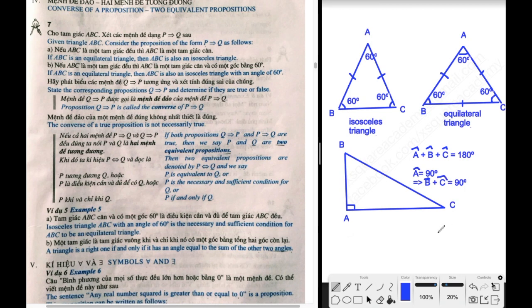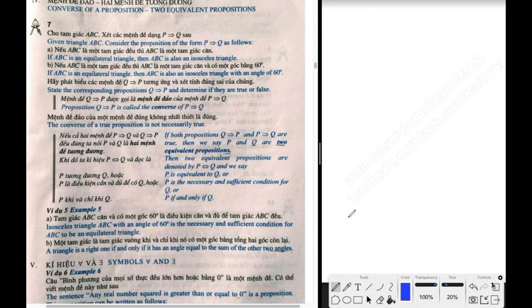So I will give more examples. For example, we have x equal to 3, so we infer x squared equal to 9, right?